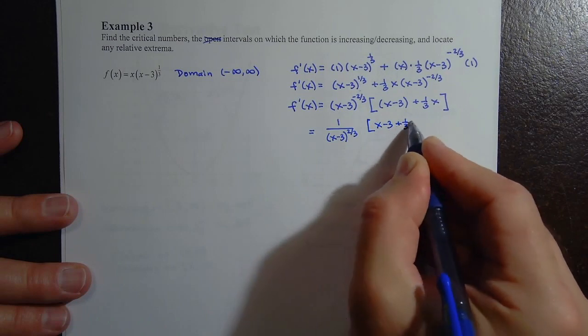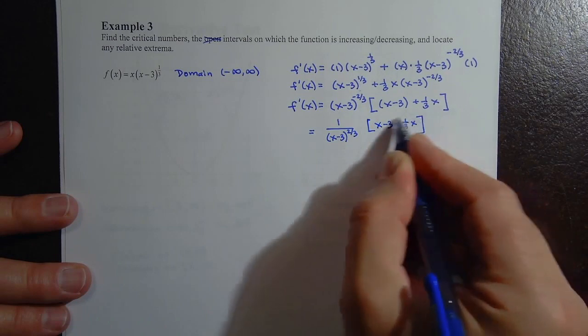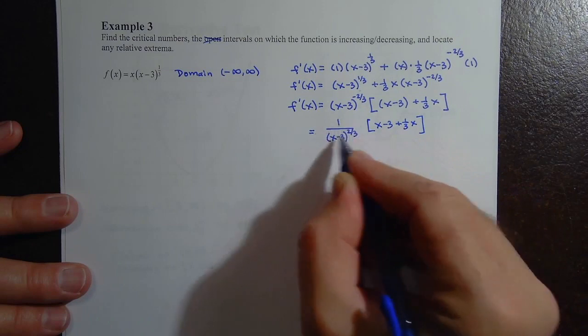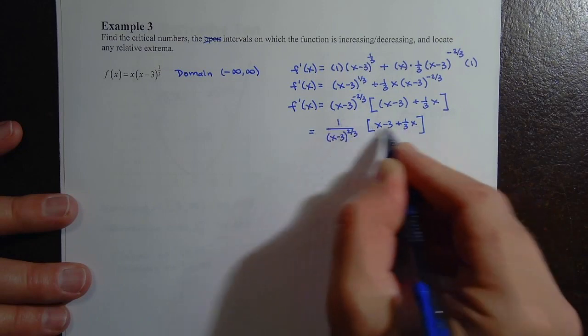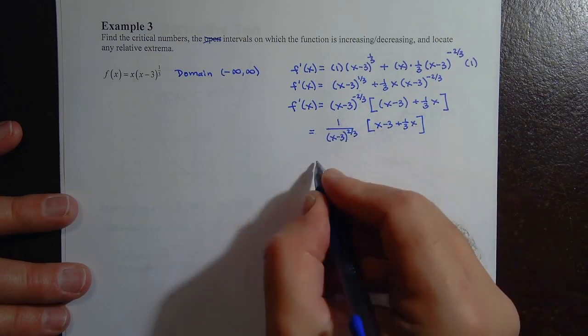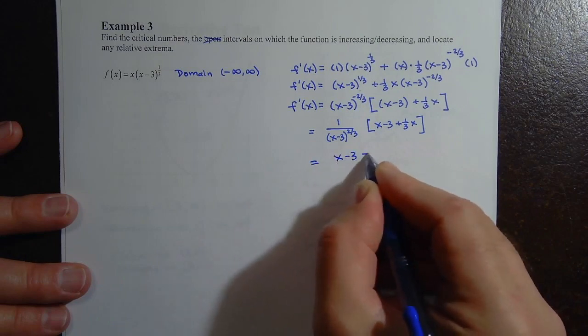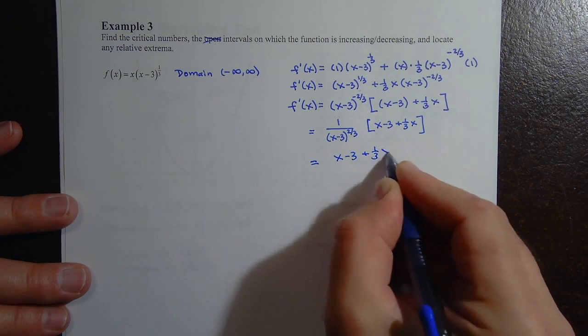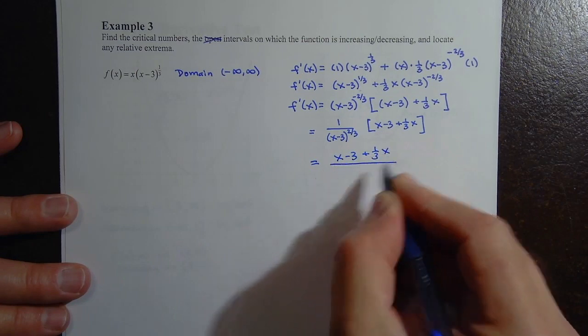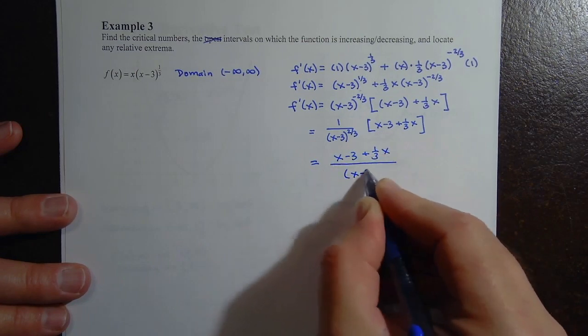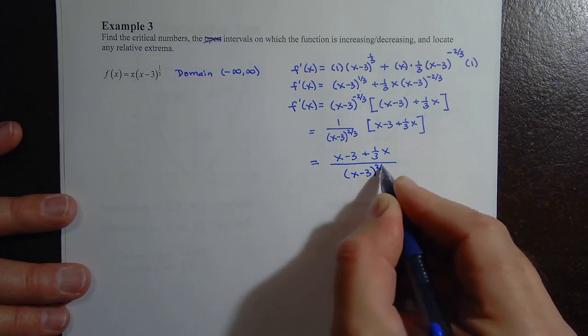I'm multiplying this with this 1, so this is going to be my numerator: x minus 3 plus 1/3 x, all over (x minus 3) to the 2/3 power.